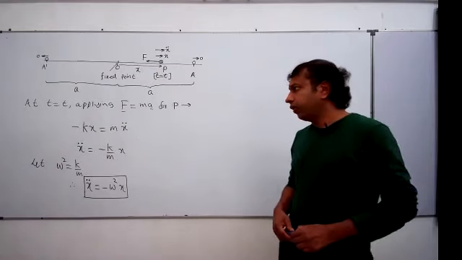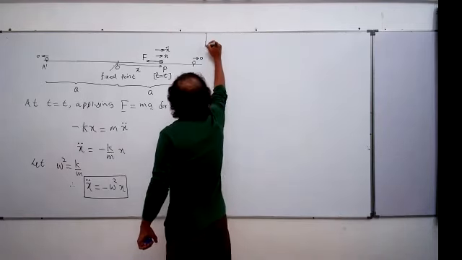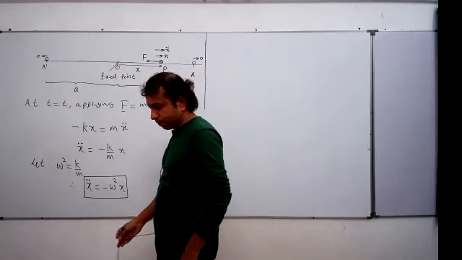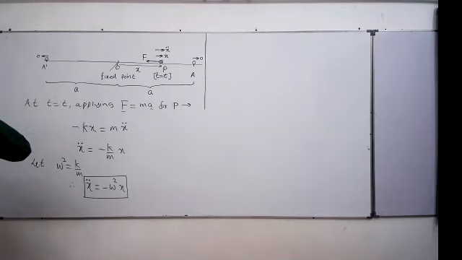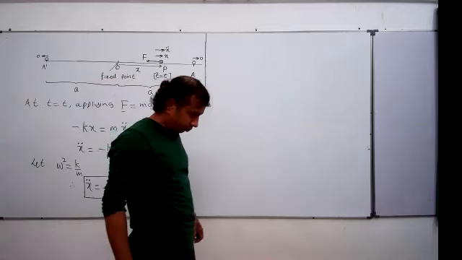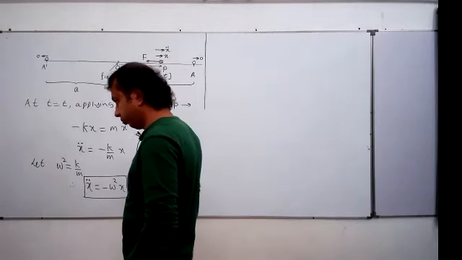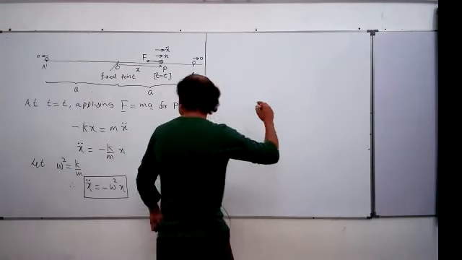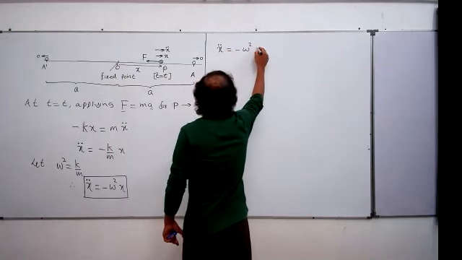Right. Now we will write down the next one, the relation between velocity and displacement. Take x double dot equal to minus omega squared x.